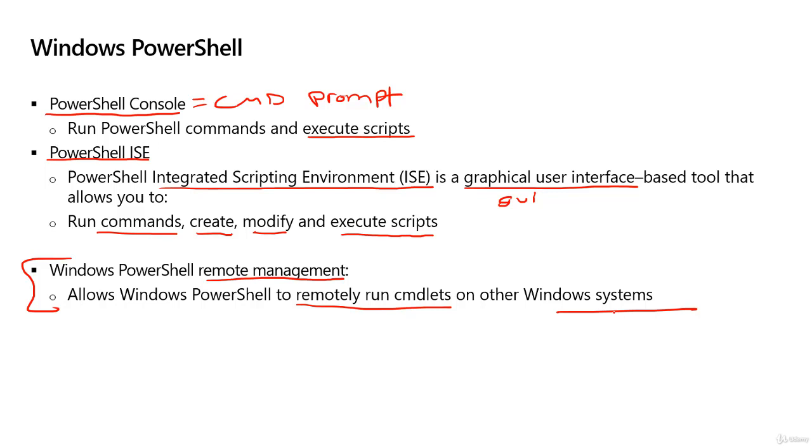I just had a project where we needed to get the serial number and model number for about 3,000 monitors so they could get loaded into an asset management utility. The easiest way to do that was to remotely run some PowerShell commands that would query all the computers in the environment, and it would take all that information, and ultimately it wrote it all back to a spreadsheet. So that remote management is useful for numerous scenarios.